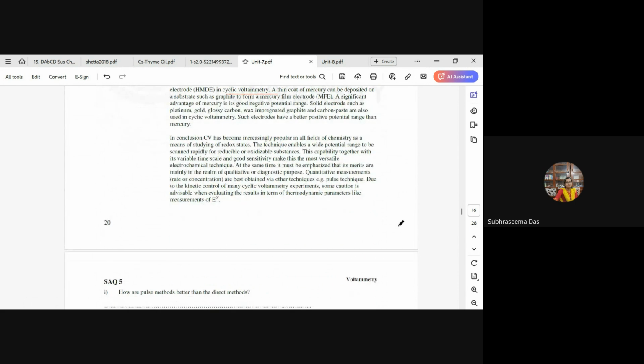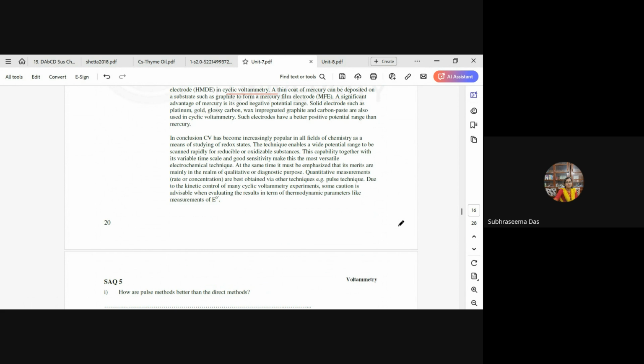So, in conclusion, we can say that CV has become increasingly popular in all fields of chemistry as a means of studying redox reactions. This technique enables a wide potential range to be scanned rapidly for reducible or oxidizable substances. This capability, together with its variable time scale and good sensitivity, makes it a very versatile electrochemical technique.